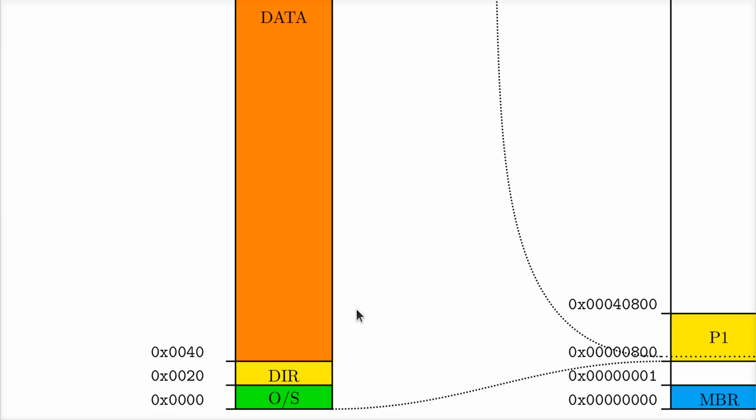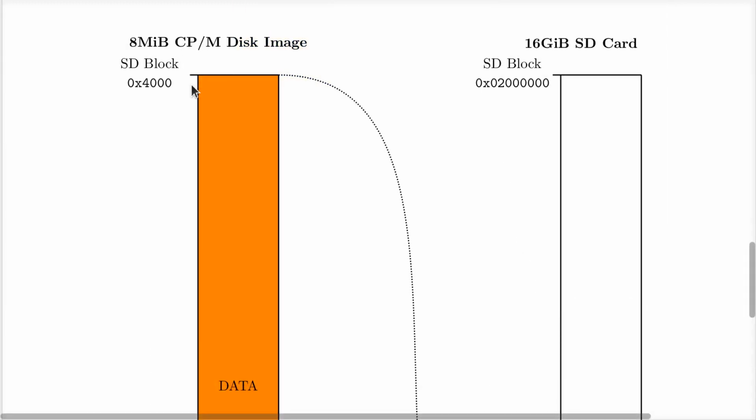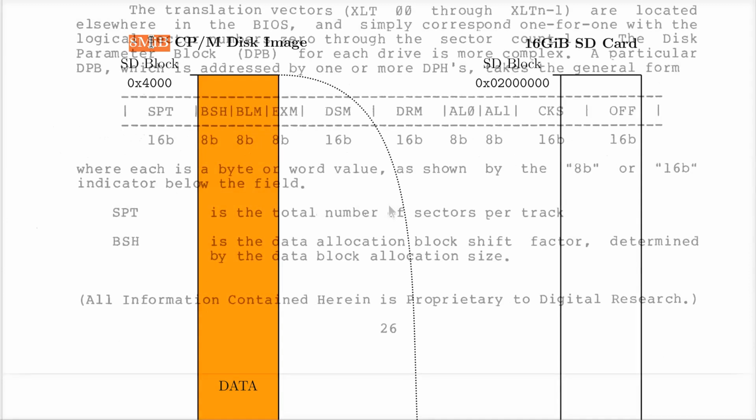So we're going to start by building a table of terminology, and then fill in these numbers, and then translate them to the alteration guide, so that we can define what CPM thinks of as a single disk that holds 8 megabytes worth of data.